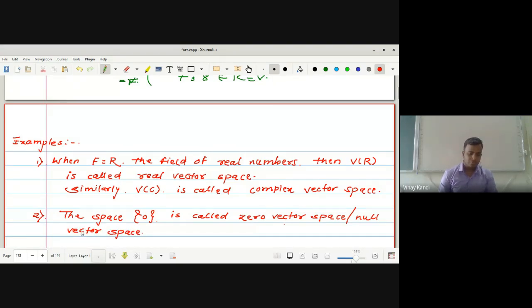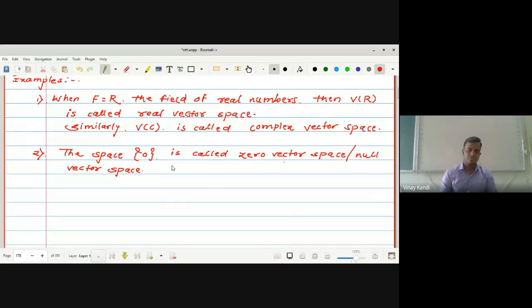Any doubt up to here? If V is equal to singleton 0, then we can say that the vector space V over F is called the null space, null vector space.